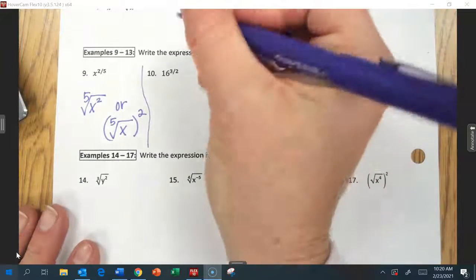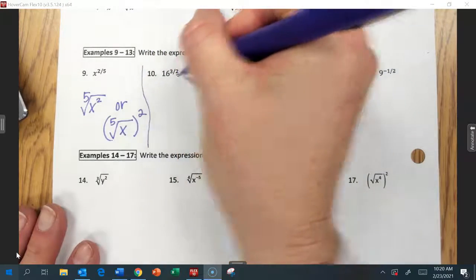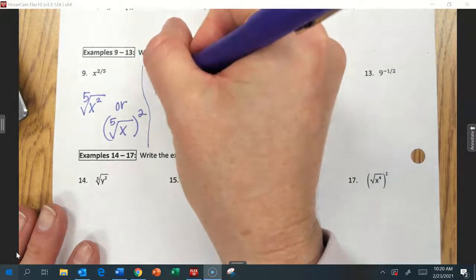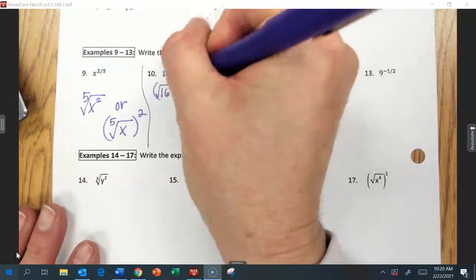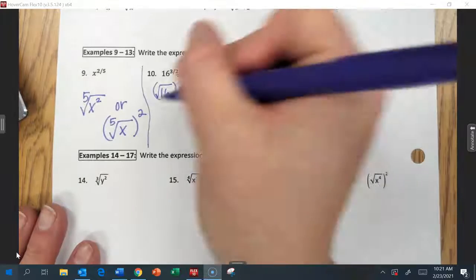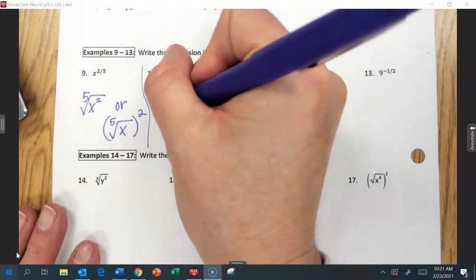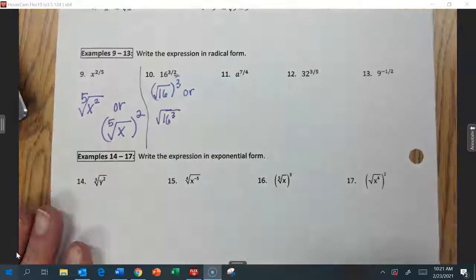So for number 10, the 2 is our root, so we would do the square root of 16 all to the third power, or that would be the same as the square root of 16 to the third power.